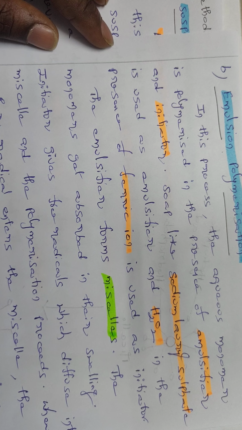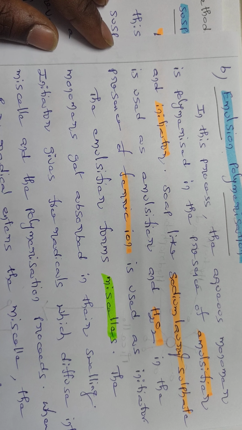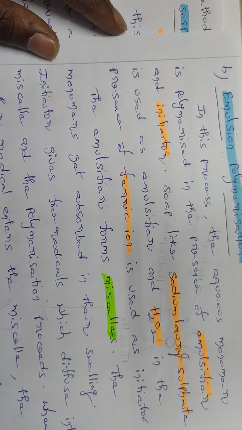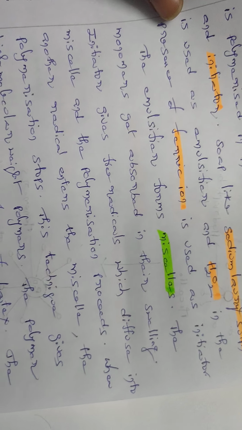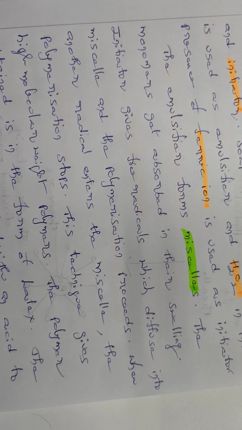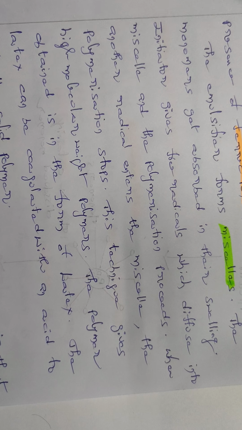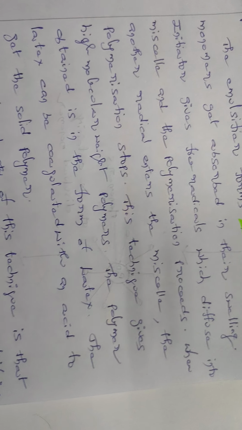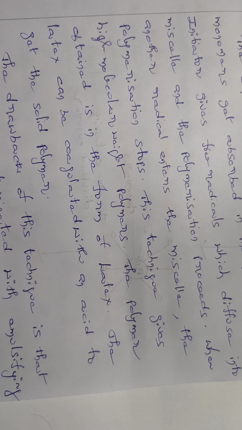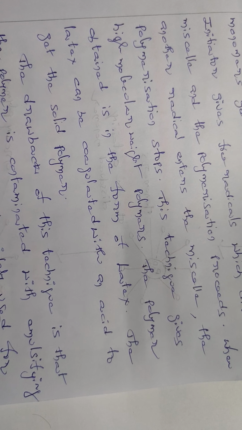It attacks the first micelle, and then the chain initiating species attacks another monomer, and then another monomer. The chain propagates continuously. So this technique is applicable for preparing high molecular weight polymers.